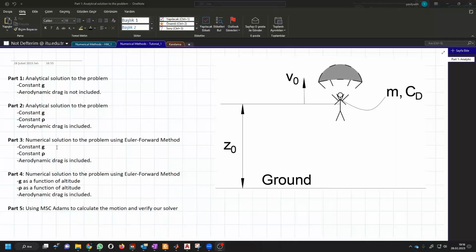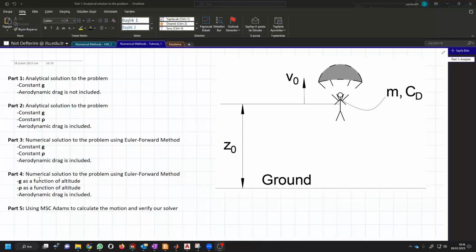So in part 4, we will basically modify our solver written in part 3 using the gravitational acceleration and the air density values as a function of altitude. So aerodynamic drag will be included as well.